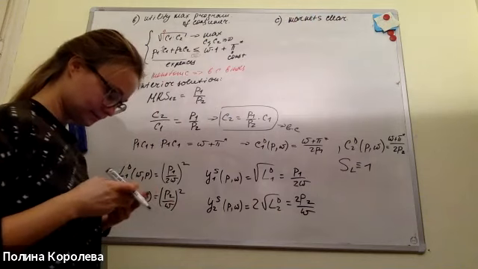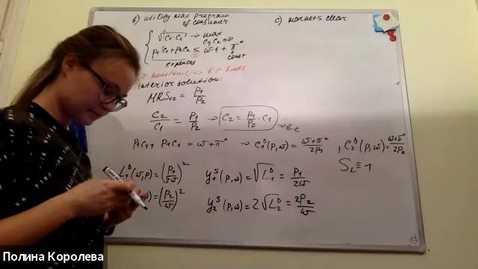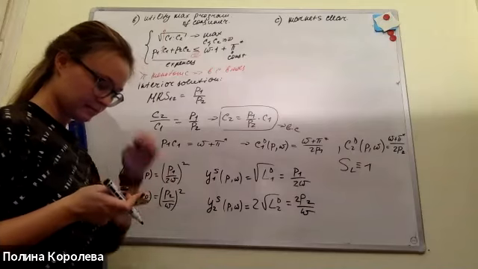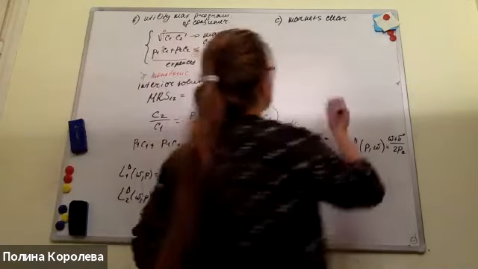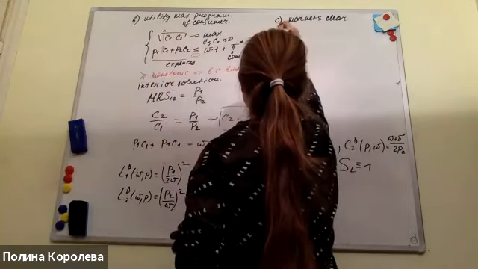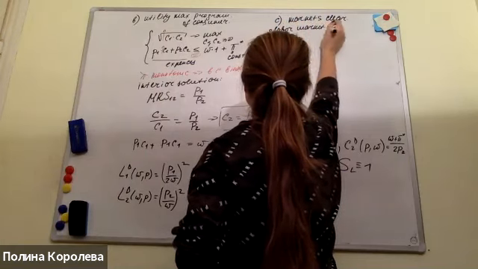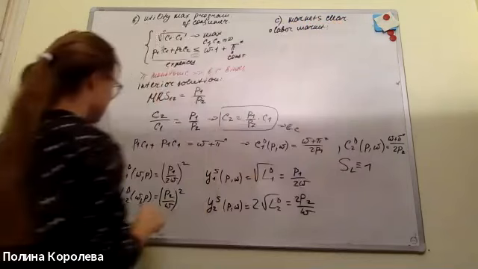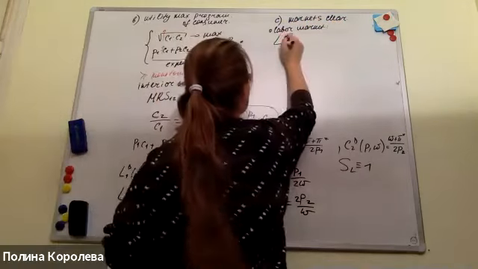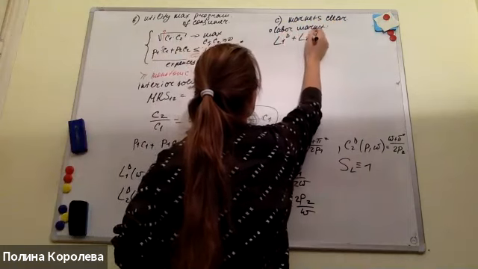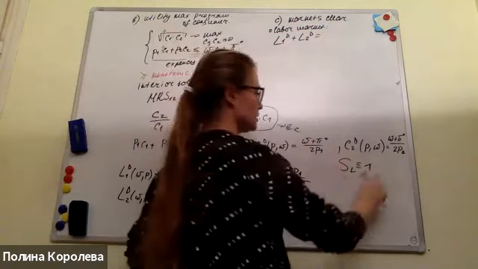Let's see. Let's start from labor market. So firm needs labor for production of the first good and the second good. L1D plus L2D should be equal to the labor supply. And labor supply is inelastic, 1.